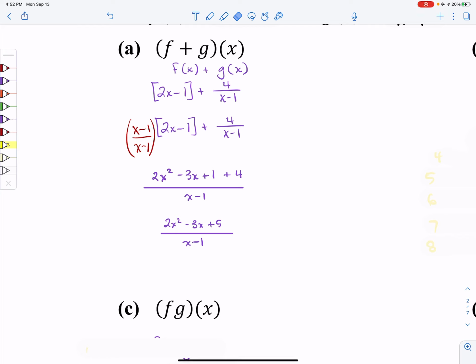All right, now let's stop right here and let's talk about domain. You'll remember from section 2.3, where we learned how to get the domain when I don't have a picture. And remember that we said that generically, all domains mostly are going to be all real numbers, but there's two cases when it's not going to be real numbers.